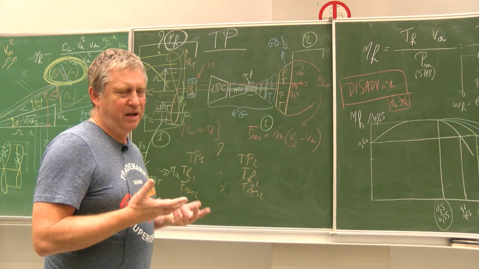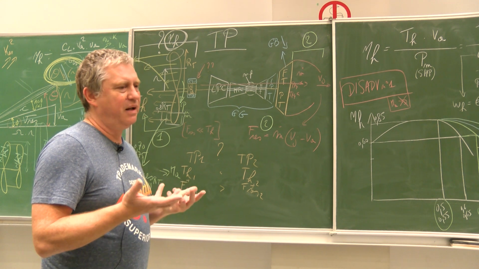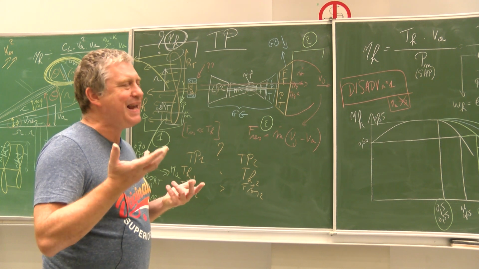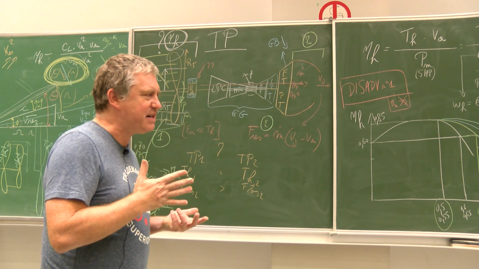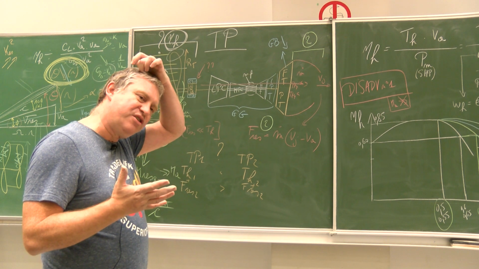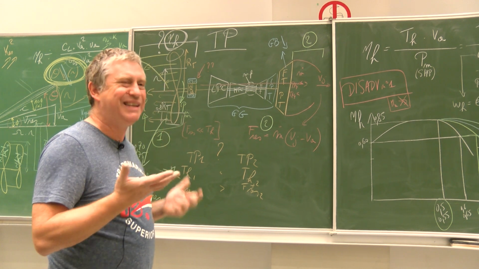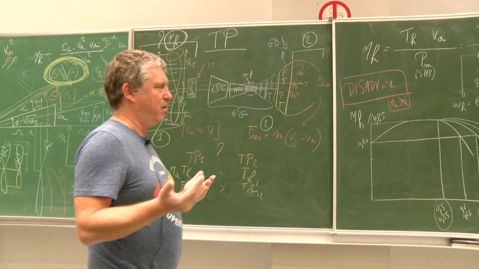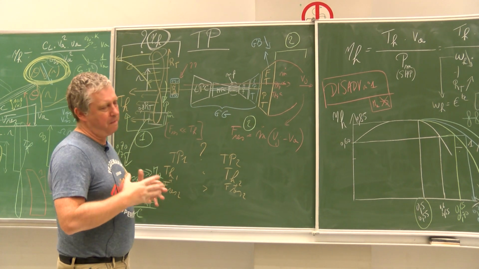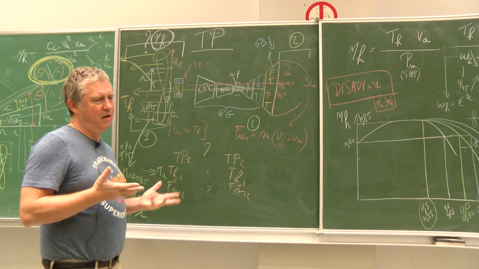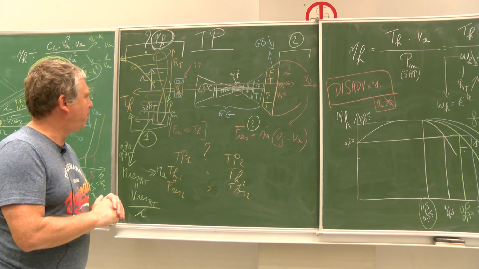Increasing it if the rotational speed tends to increase, and decreasing it if the rotational speed tends to decrease. Okay, so this is a very important feature or component of a turbopropulsor.